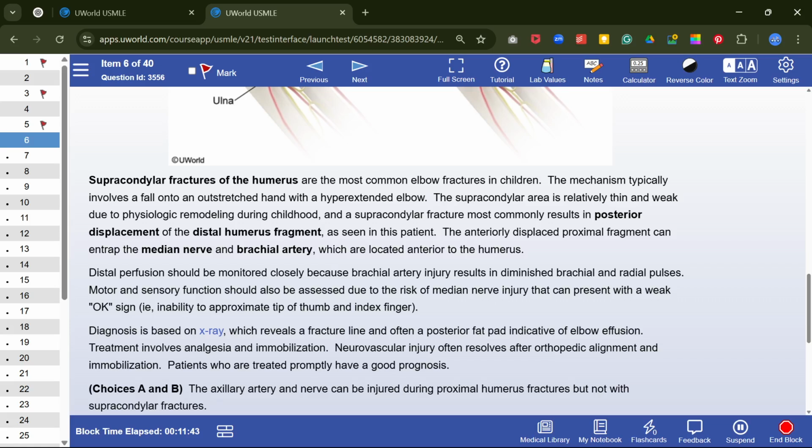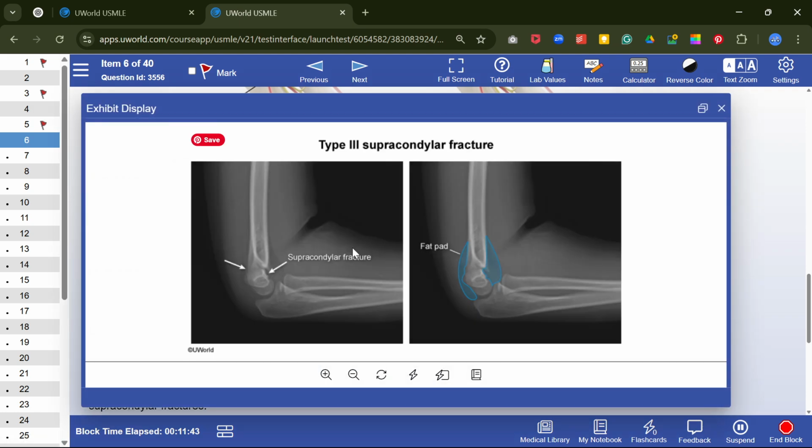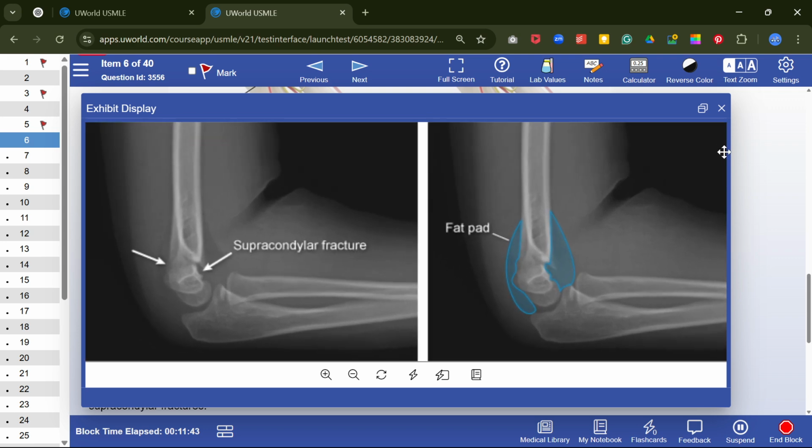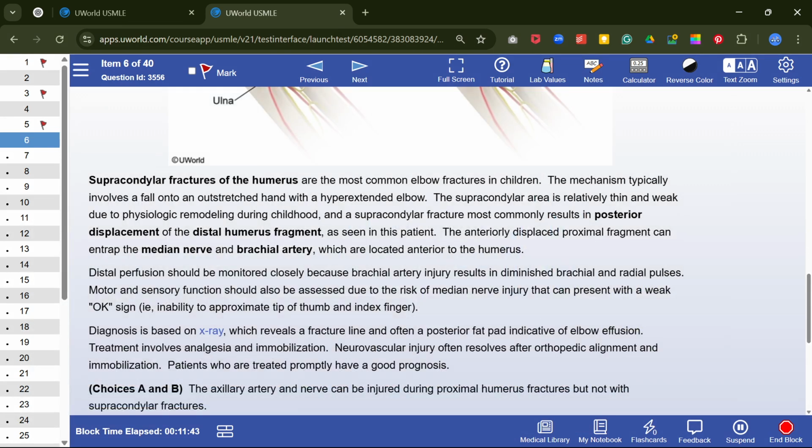Diagnosis is based on X-ray, which reveals a fracture line and often a posterior fat pad indicative of elbow effusion.